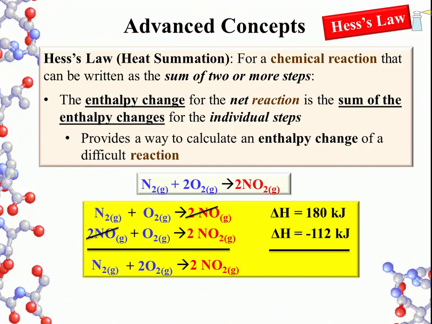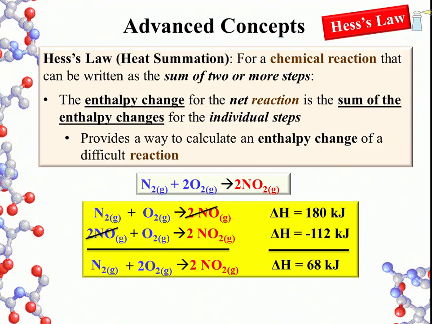As for adding the change in enthalpy, 180 kilojoules per mole plus negative 112 kilojoules per mole is equal to 68 kilojoules per mole. The enthalpy change of the reaction of interest is equal to the sum of the enthalpy changes of the step reactions. Again, enthalpy is a state function, and it does not matter which path or step reactions are used, as long as they sum to the reaction of interest.